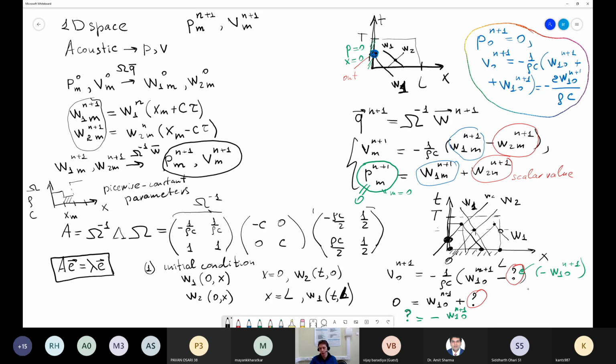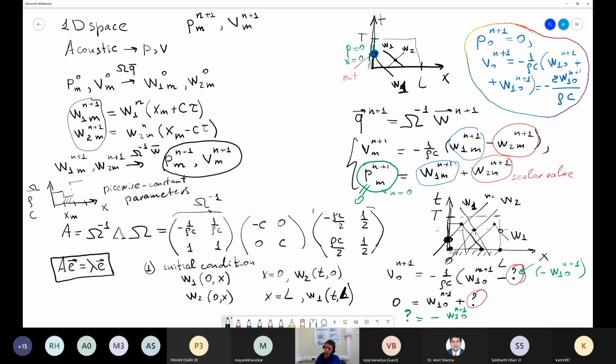If we put here some right boundary condition with the same equation p equal to 0, we will obtain the same, but with the other sign at the right part. So this is great.